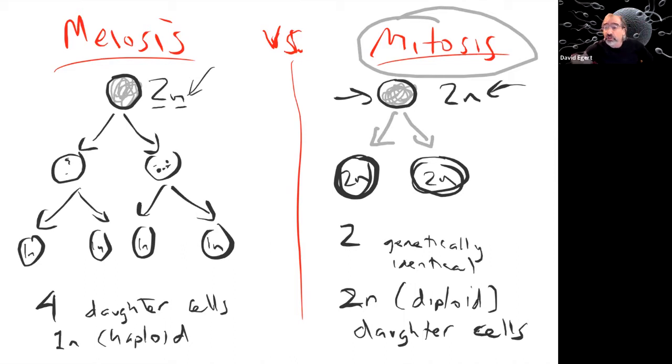And then there's also the genetic recombination, this crossing over, where the homologous chromosomes are sitting on top of each other and swapping different parts of themselves.